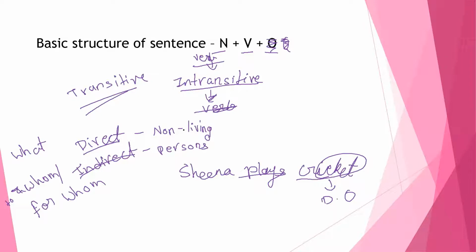You should also know that the smallest sentence is the imperative sentence. Now how does it come? Because you should know that imperative sentences mostly do not have a noun.